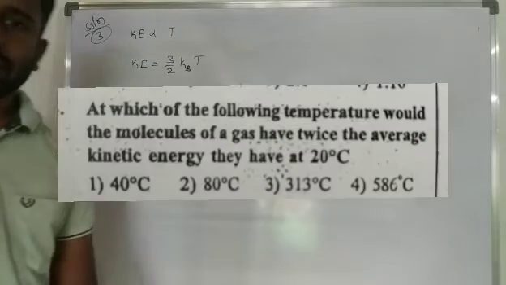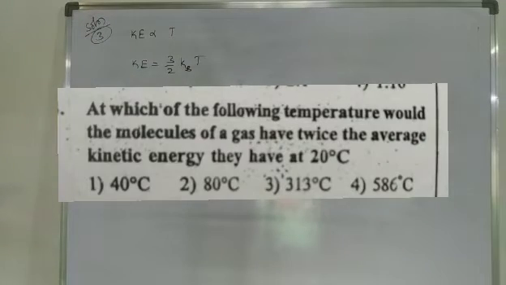And next problem, the fourth one: at which of the following temperatures would the molecules of a gas have twice the average kinetic energy they have at 20 degrees Celsius?